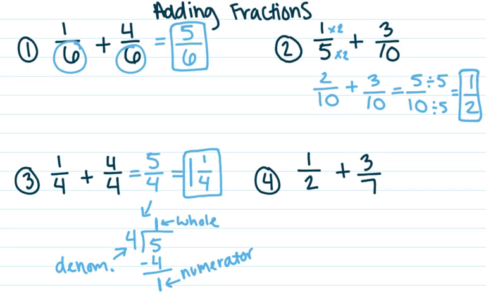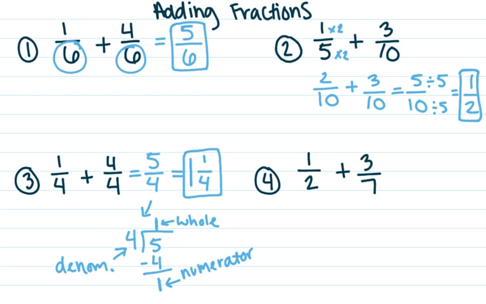Now the last one is the hardest one, number 4, 1/2 + 3/7. I know nothing times 2 is going to give me 7, because one's even and one's odd, so I'm going to have to come up with a brand new number that both of them could multiply to.